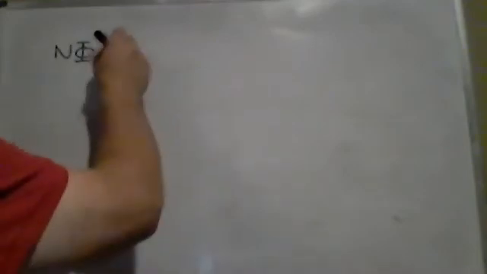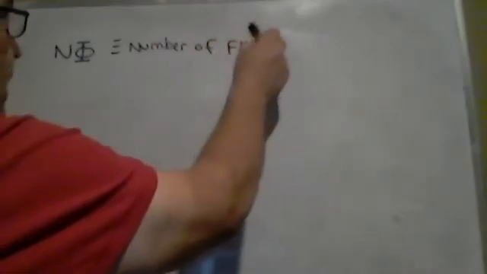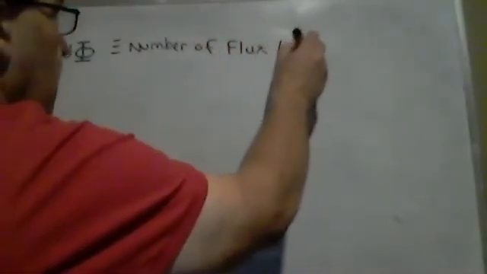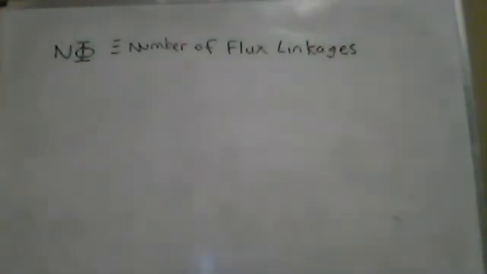Cap N is the number of windings in the coil, and cap phi is the magnetic flux per winding. N times phi is called the number of flux linkages. That's the official physics term.